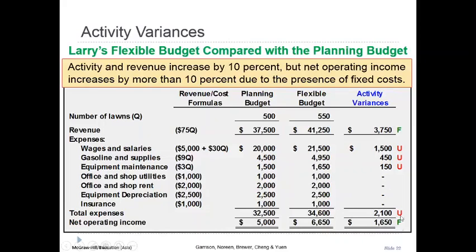So it increases by 33% and not by 10% because of the fixed cost just now. As you can see, there is no variance for fixed cost, but there is a variance for variable cost. That is making the increase of net operating income bigger.